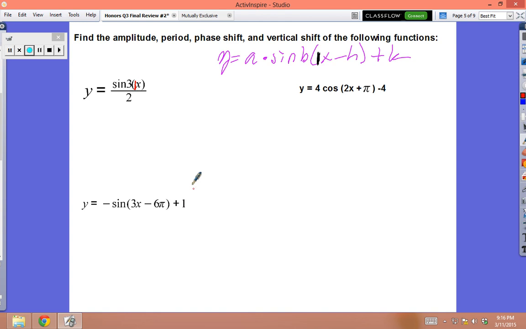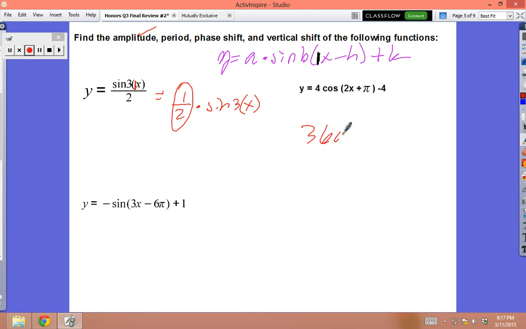Okay. Now this is the exact same thing as 1/2 times the sine of 3x. So 3x is the same as 3 parentheses x. This is my amplitude. So my amplitude is 1/2. Check. The period, this is not my period, but it's going to affect my period.